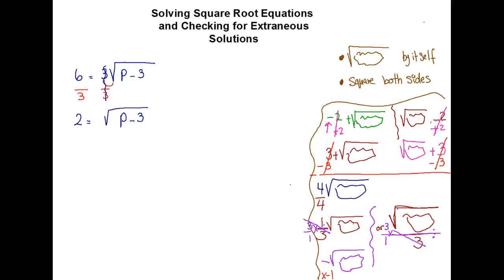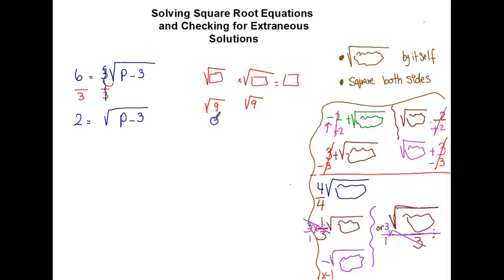Okay? Now, once my root is by itself, you need to square both sides of the equation to get rid of the square root. So, the square root of any number times itself equals that number. So let's try that. Square root of 9 times the square root of 9.